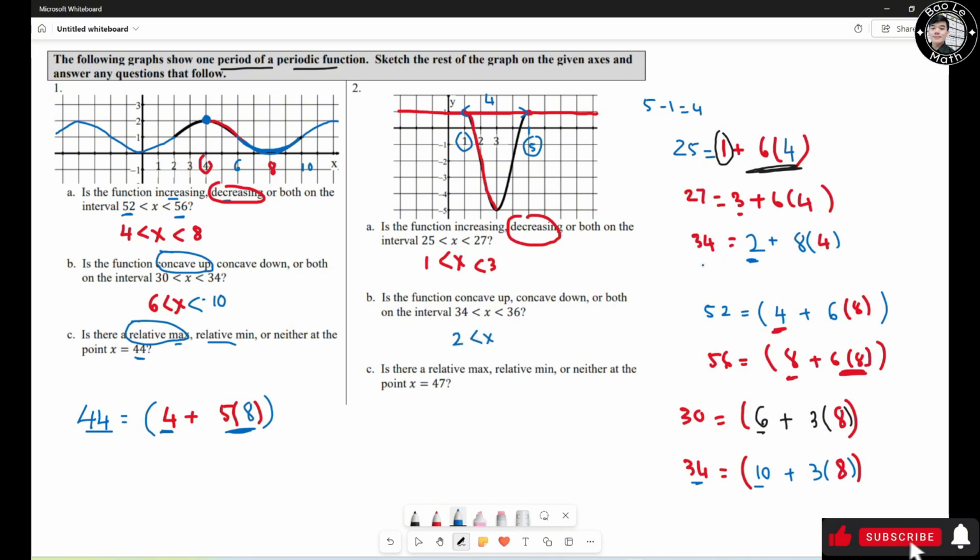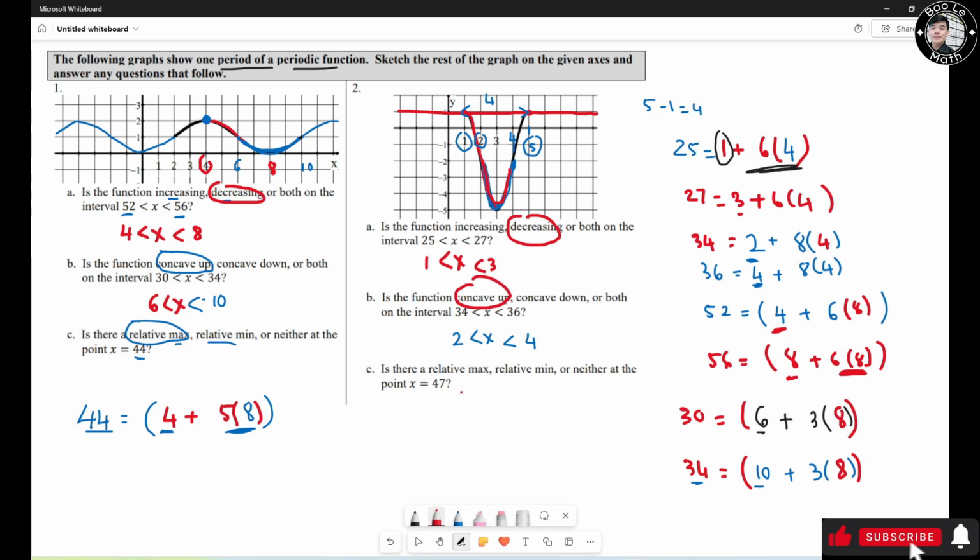Now 36 is the same thing as 4 plus 8 times 4, right? So 4 right here is the same thing as 36, so it could be less than 4. So from 2 to 4, right? So this is 2, 3, 4, 4 right here. So 2 to 4 is going to be this guy right here. So from 2 to 4, the function is concave up.